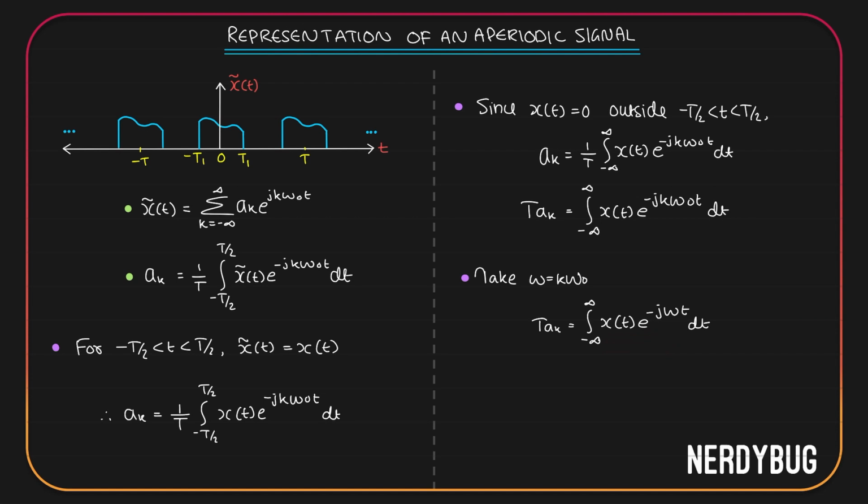Since this is a function of ω, instead of calling it T a_k, let us call it X(ω). But what we have here is jω, it is complex. To show the complex nature, instead of calling it X(ω), let us call it X(jω). Now X(jω) was T a_k, so we can write a_k is equal to 1 by T times X(jω).